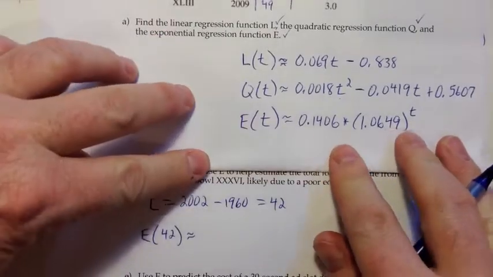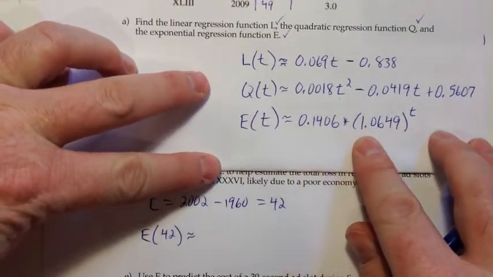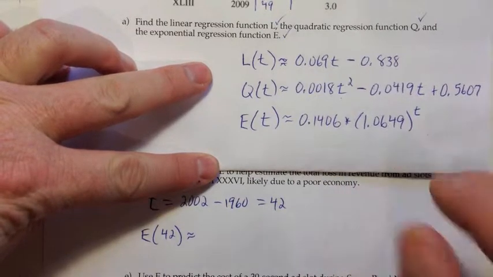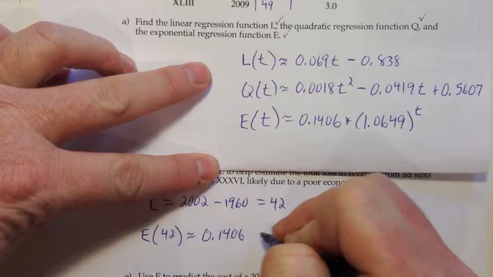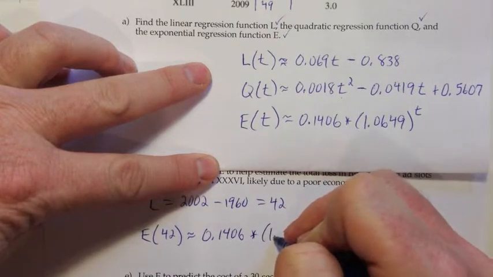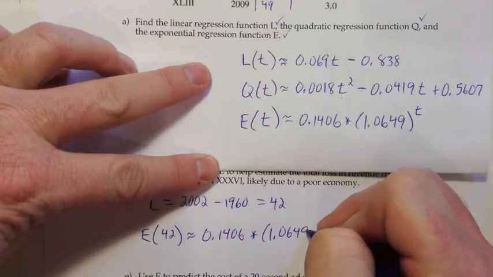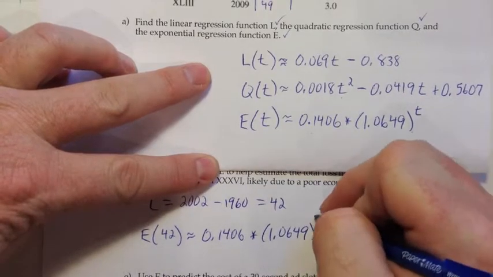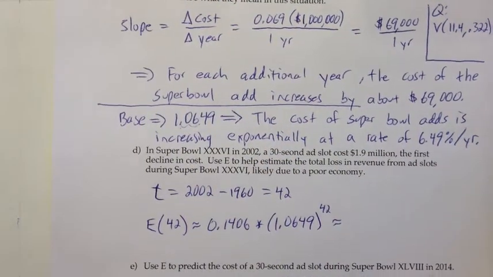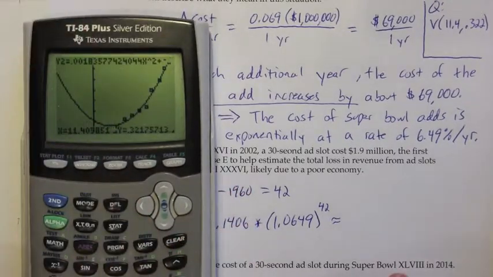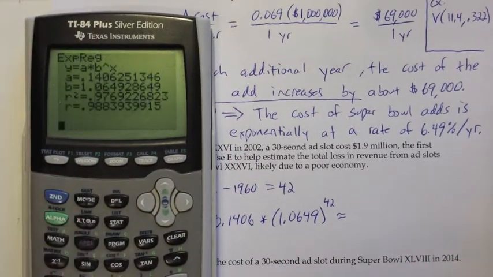So E of t was approximately 0.1406 times 1.0649 raised to the t, so I could plug into that. But t is going to be 42. So I can go ahead and plug that in on the calculator. Let me exit out of the graph screen.